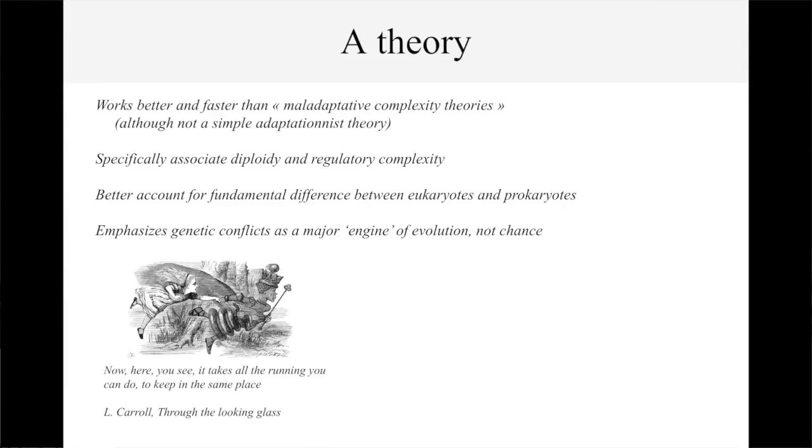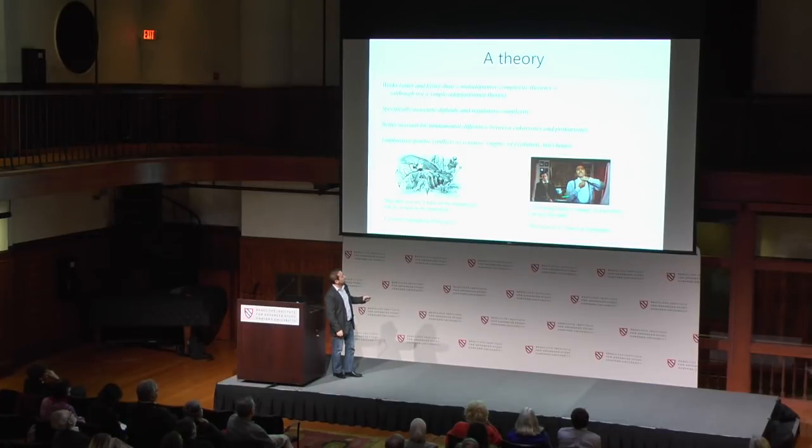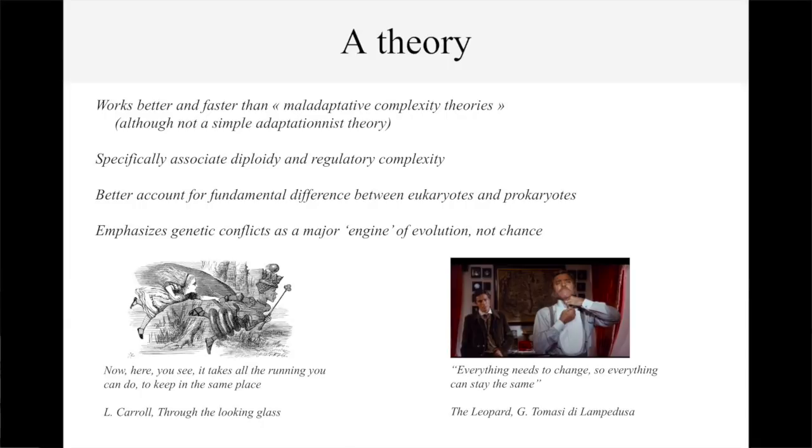So, in evolutionary biology, we often use the metaphor of the Red Queen, taken from Lewis Carroll's book, where it takes all the running you can do to keep in the same place, says this Red Queen to Alice, saying that you've got to run faster just to stay in the same place. Or if you prefer, in movies, everything needs to change so everything can stay the same. The idea is that there is a lot of evolution going on, but on the surface, at the individual level, you barely notice.